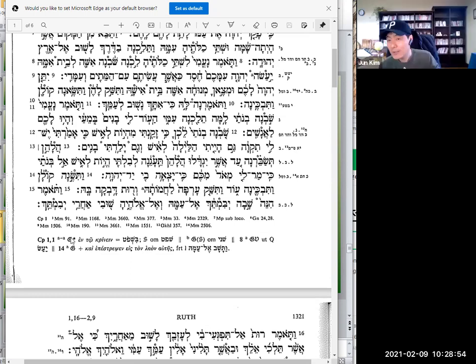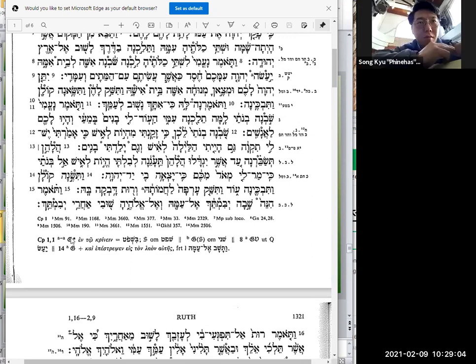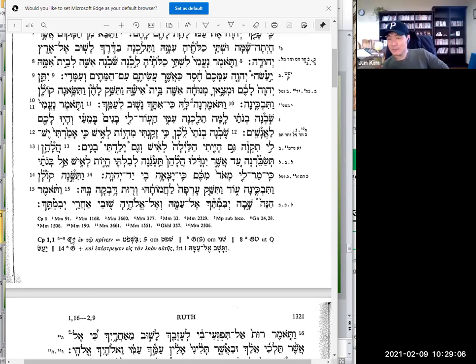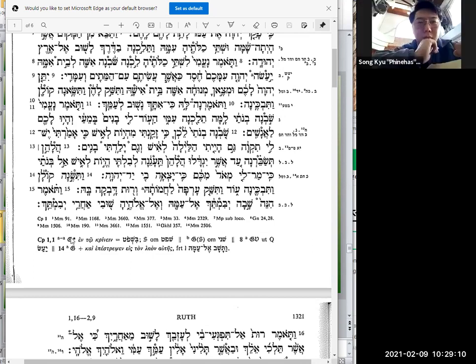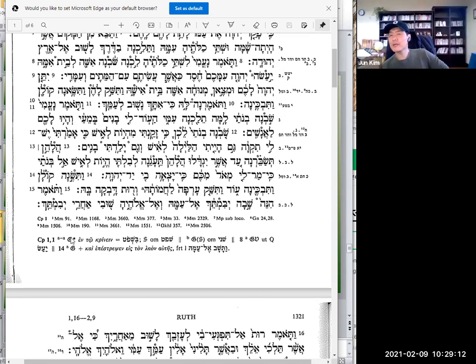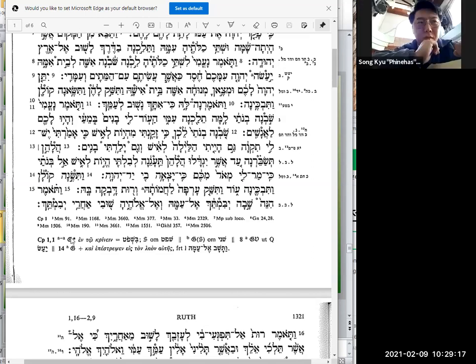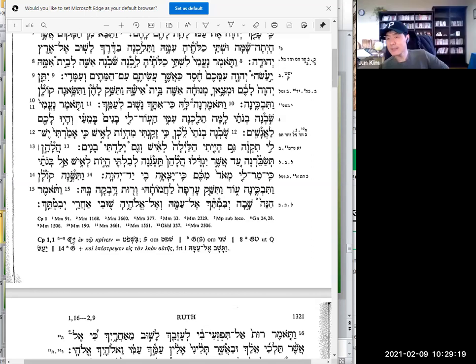May the Lord. So in terms of the specific given form, it's not jussive, but they want to apply the idea of the jussive in terms of context. In that case, it makes better sense. But in terms of the original reading, I want to support this BHS version.